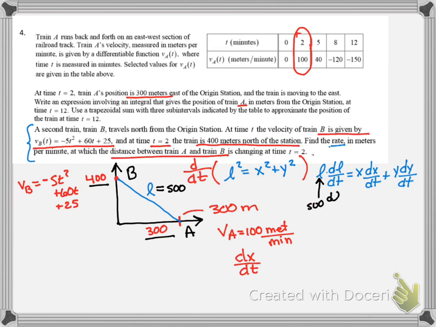The dL dt is the quantity that I want, the rate I want. X started at 300, and its rate was 100 meters per minute, plus y started at 400, and that dy dt we don't know yet, but it can be found from this equation. So all we're going to do is plug in 2 everywhere we have a t.